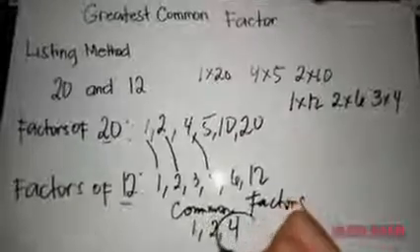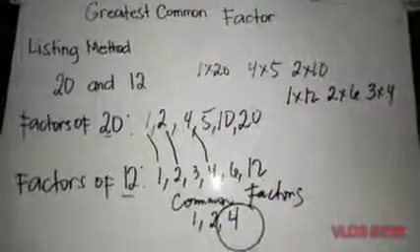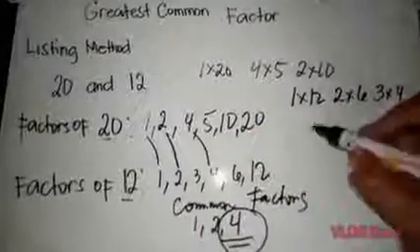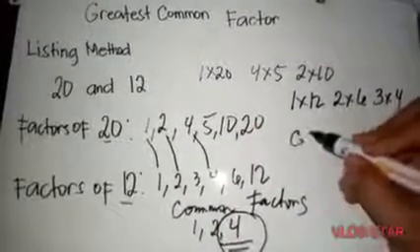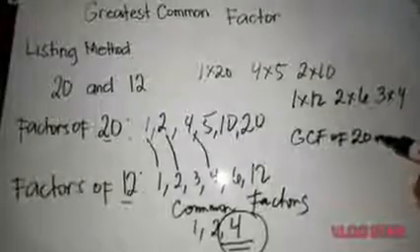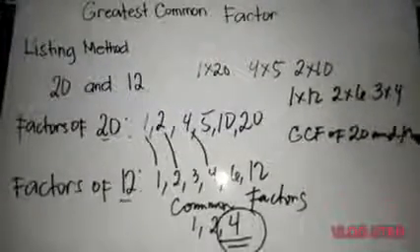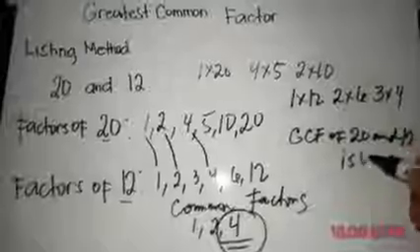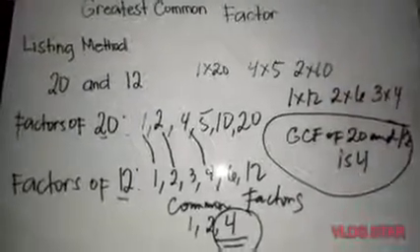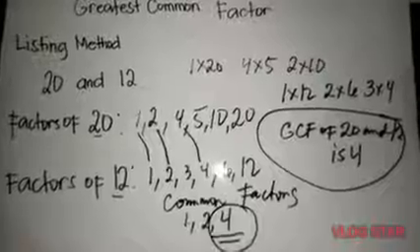You can see that the greatest among the common factors is 4. So the greatest common factor, the GCF, of 20 and 12 is 4. This is what we call the listing method.